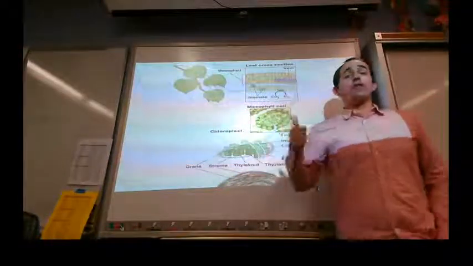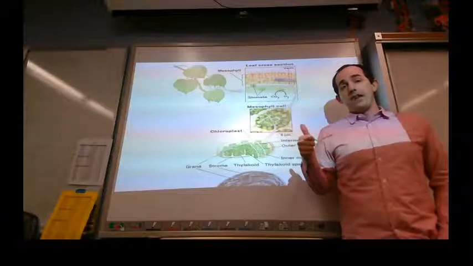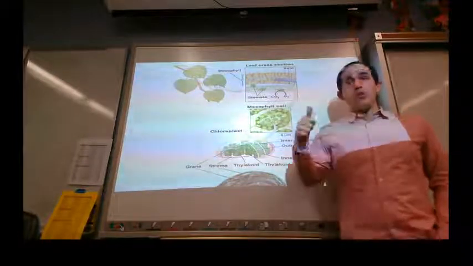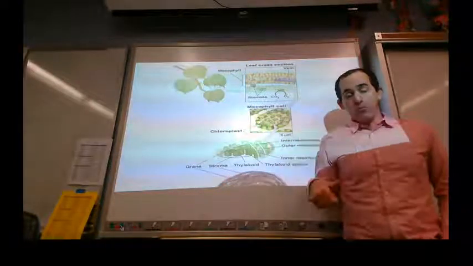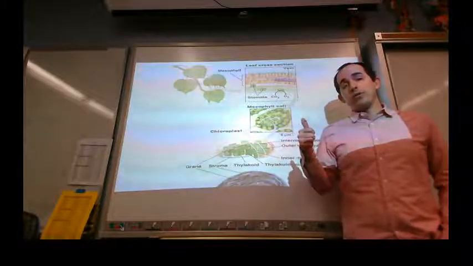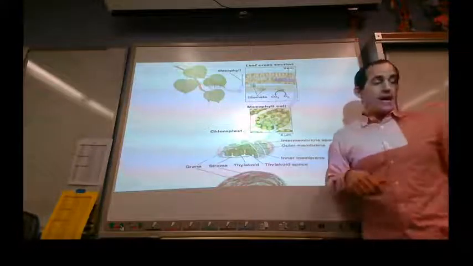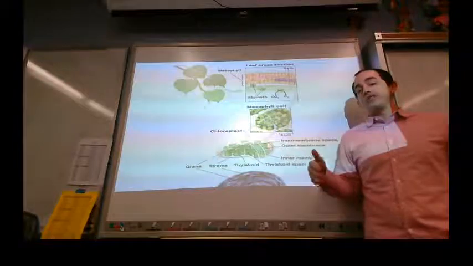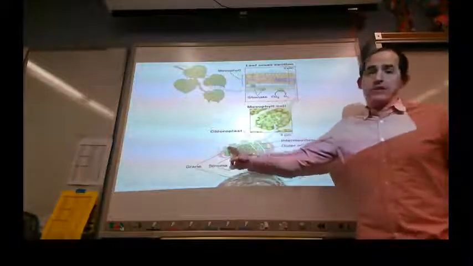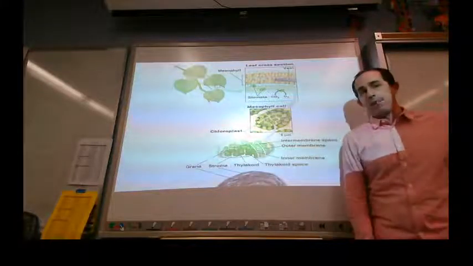So the more surface area we have on that inner membrane, the more proteins, the more opportunity for those chemical reactions. So the chloroplast can be way more efficient because it has all of this surface area on that inner membrane.